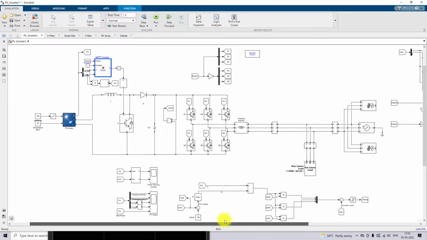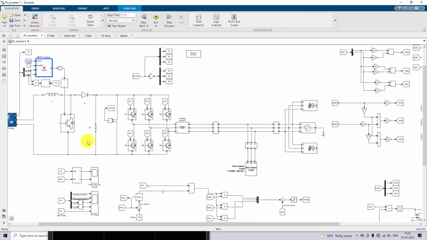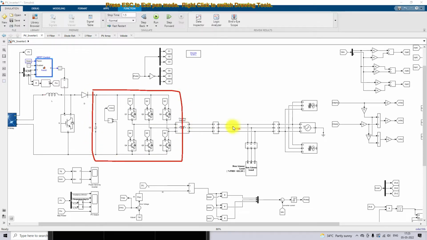After the boost converter, we have the voltage source converter, which is connected to the grid and load via the coupling inductor. This inverter is controlled by means of the active current coefficient control concept.